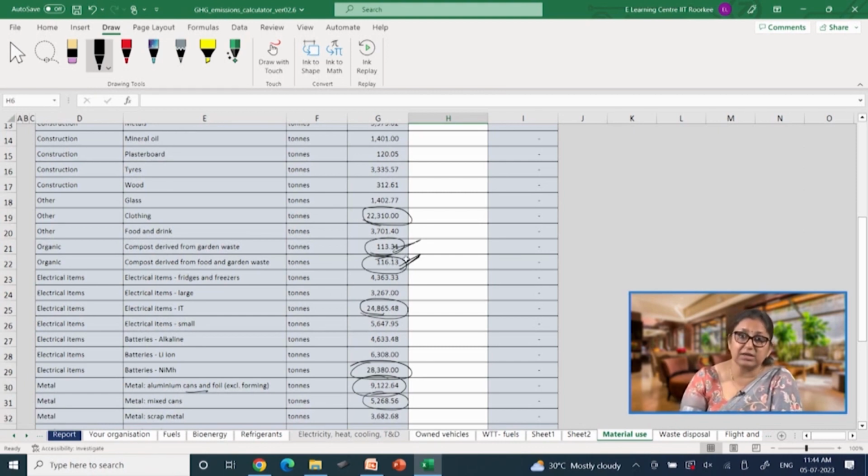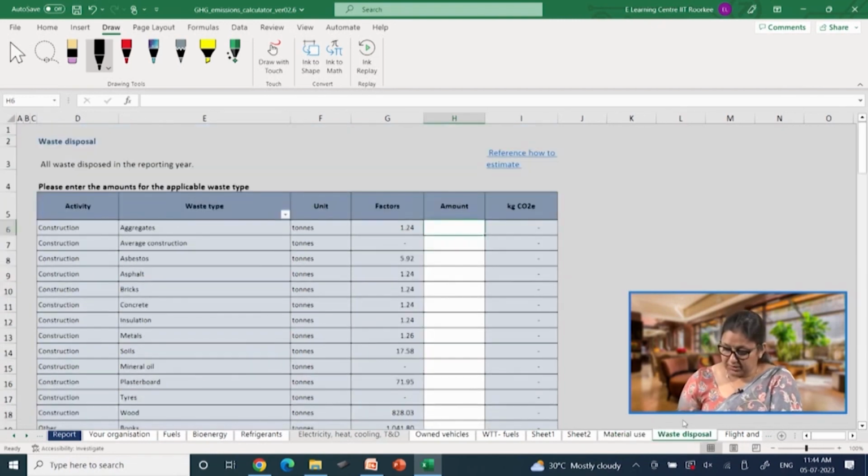So, we know that anything that is processed is high on emissions, anything that requires less processing is low on emission. So, one is that we would know how much emission we are really causing, but at the same time it also helps us in making the right, judicious choice if we really want to reduce the emissions.